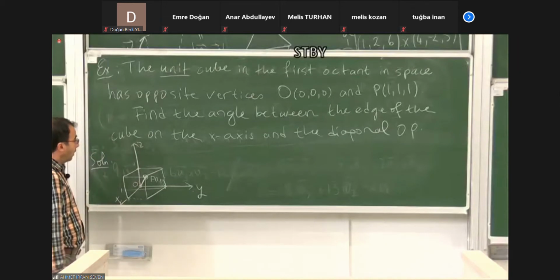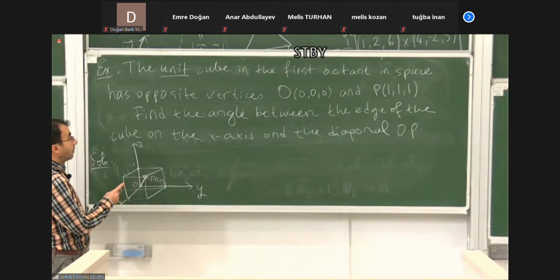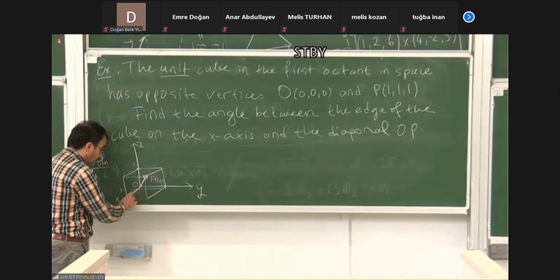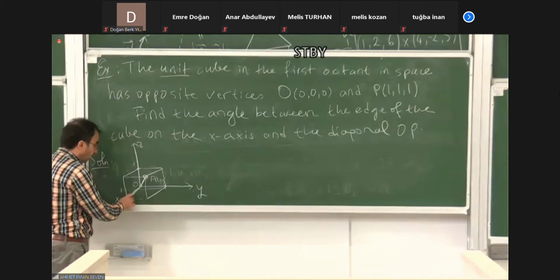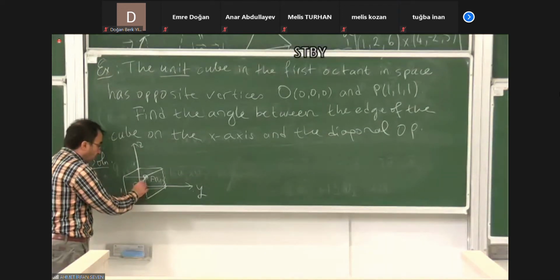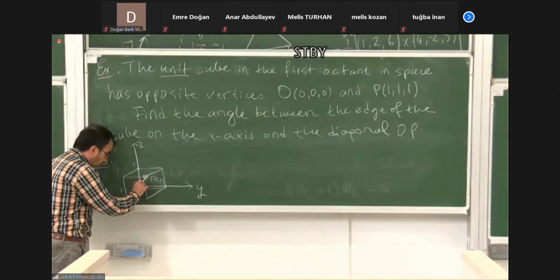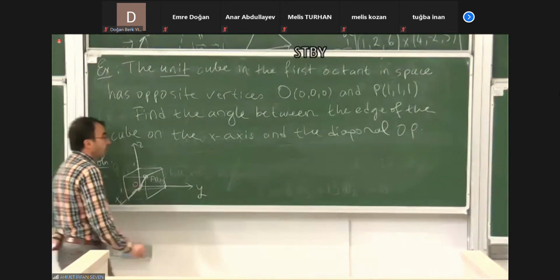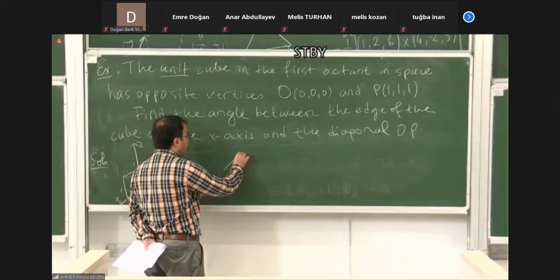And then the question is the angle between the edge of the cube on the x-axis and the diagonal OP. So the x-axis is here. All right. So this angle we are talking about is this one. So let me draw the picture here. There is OP here.